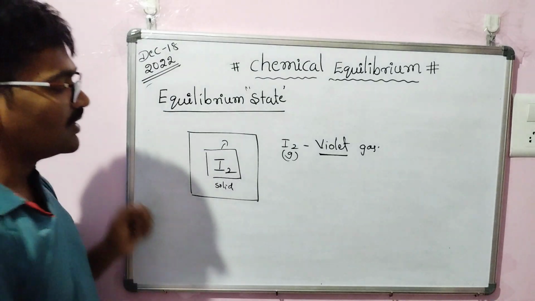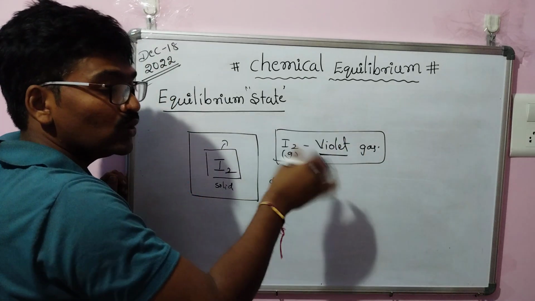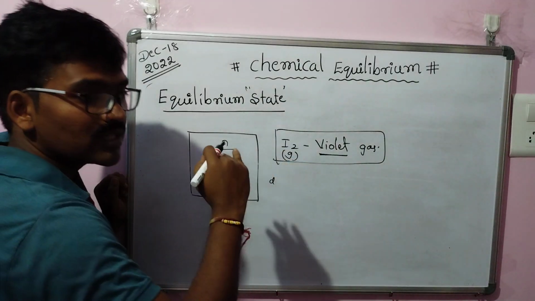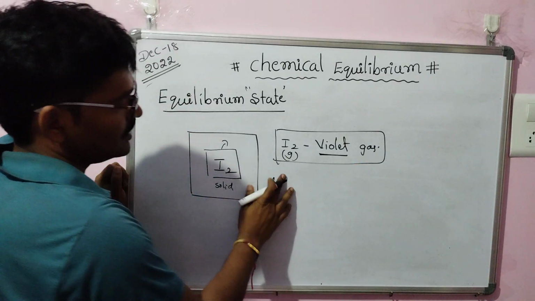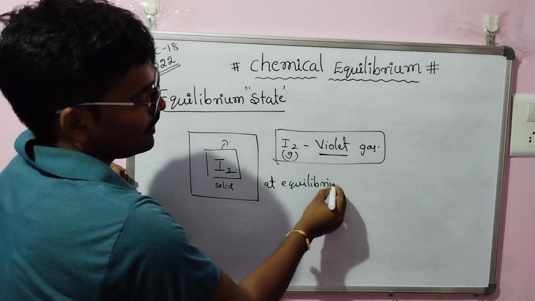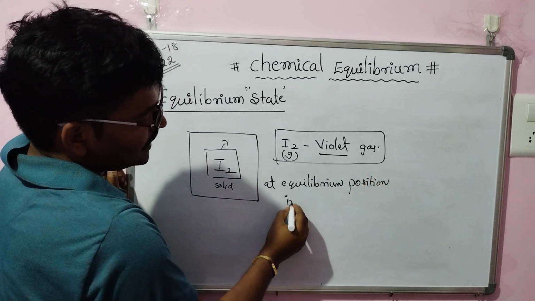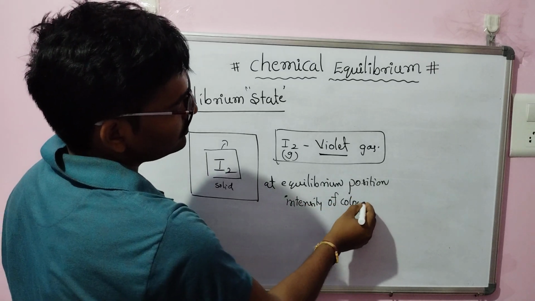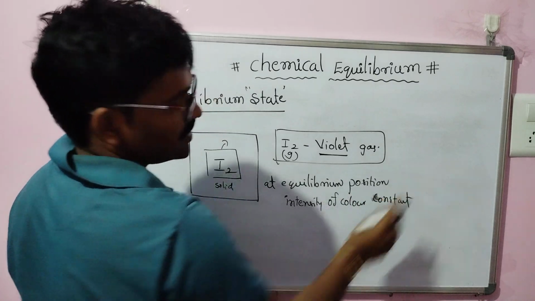At the starting initial stage, before the equilibrium state is established, the violet color increases. Understand? The violet gas increases. But at the equilibrium position, the intensity of color is constant, unchanged.